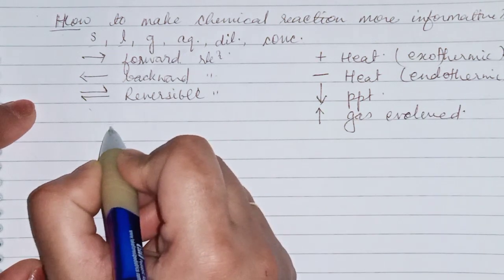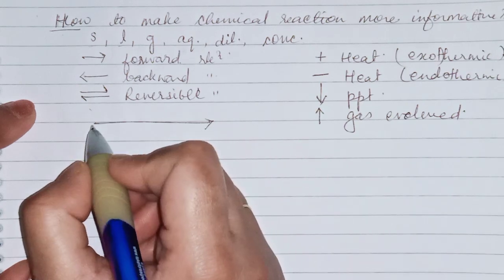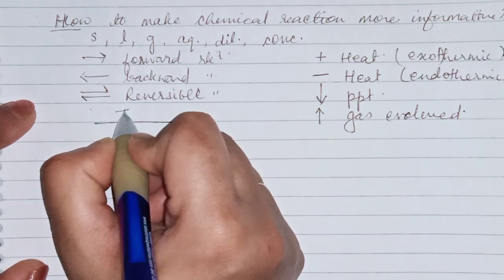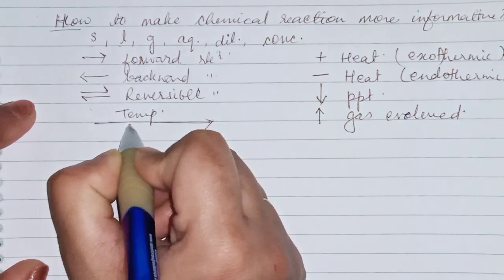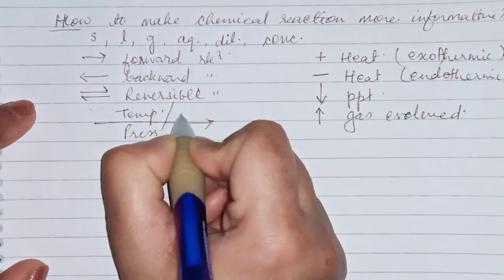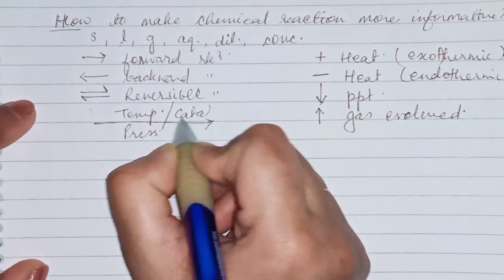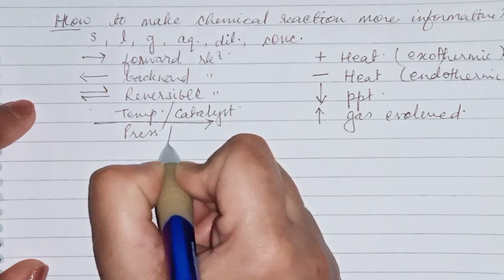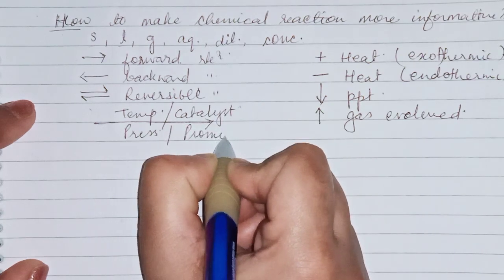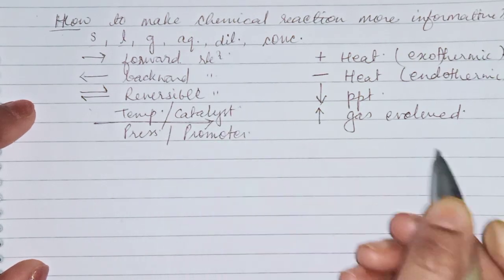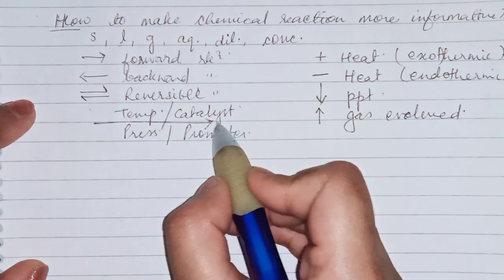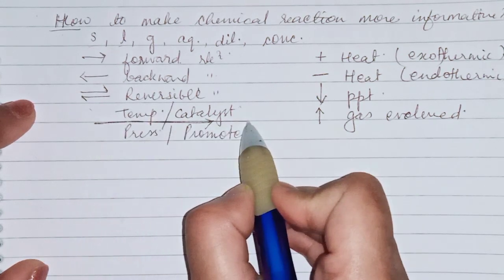Sometimes you can see that on the arrow some element name or temperature or pressure is written, or catalyst or promoter. These are written on the arrow.